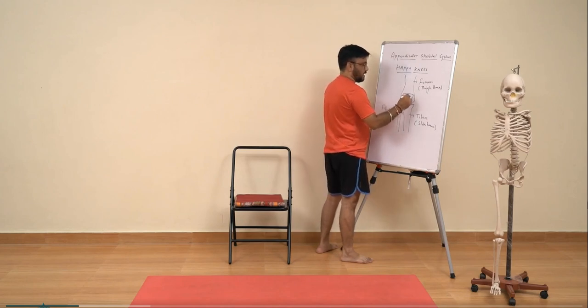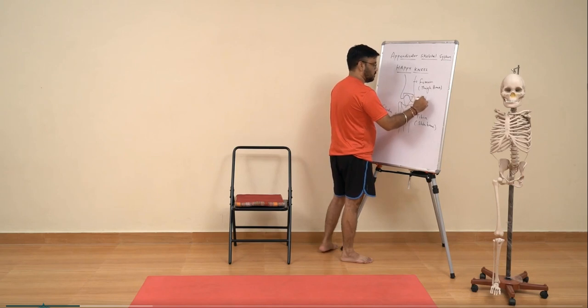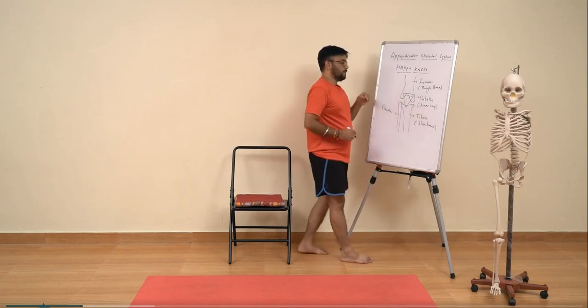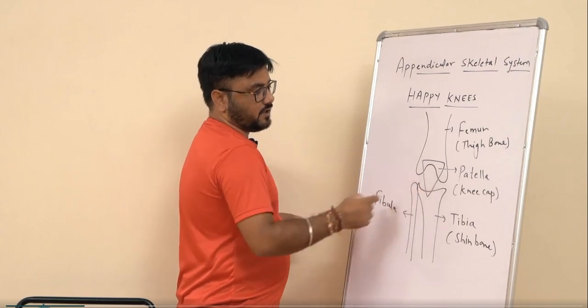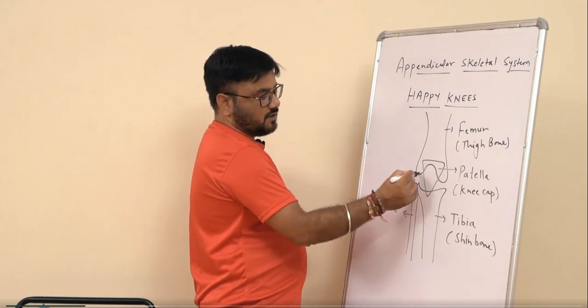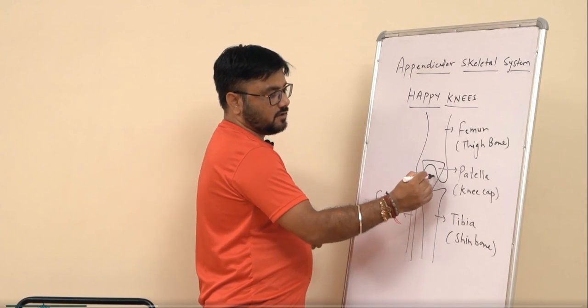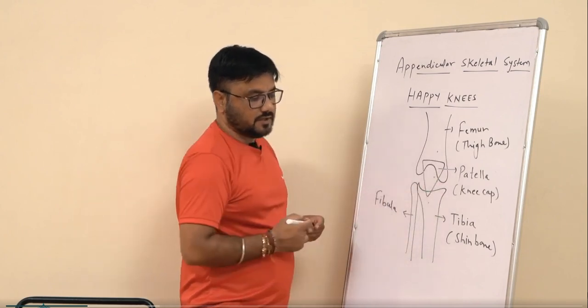The patella is your kneecap in the center too, which acts as a pulley. This knee joint is formed mostly by these three bones: the patella, femur and the tibia.